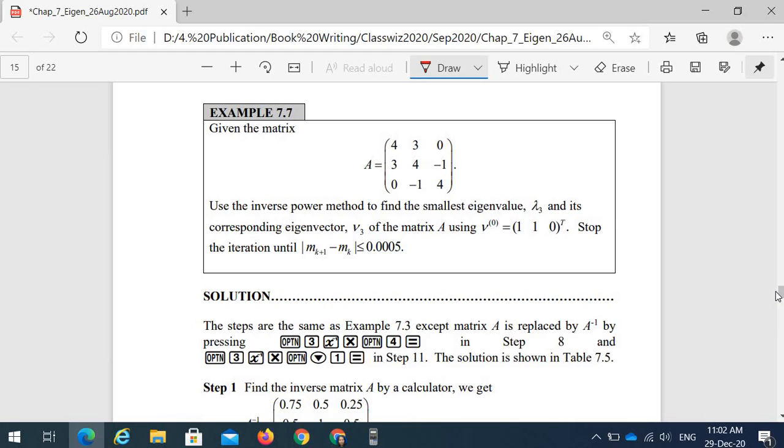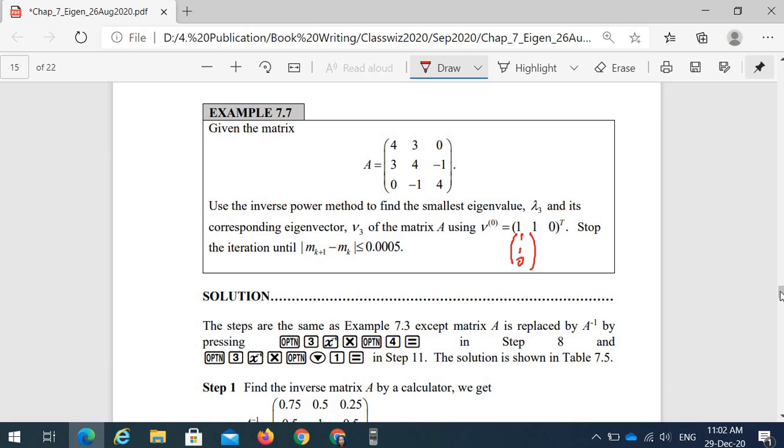We turn it to a row, that's why it's transpose. Stop the iteration when the modulus MK plus 1 minus MK is less than or equal to 0.005. We use 4 decimal place calculation.